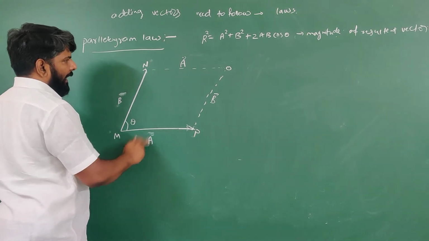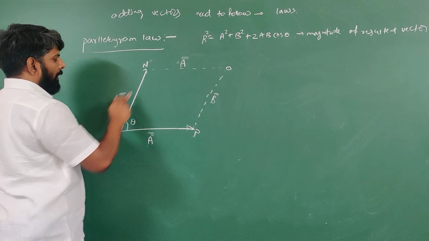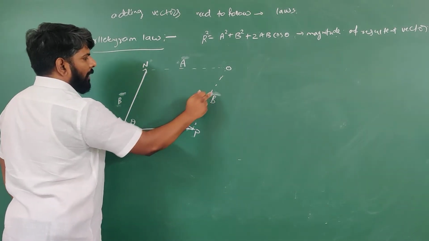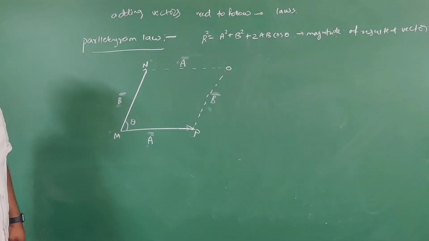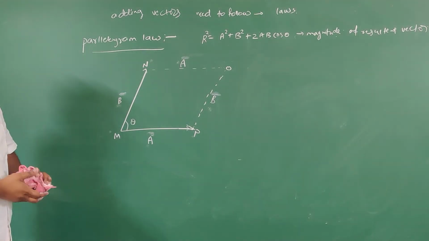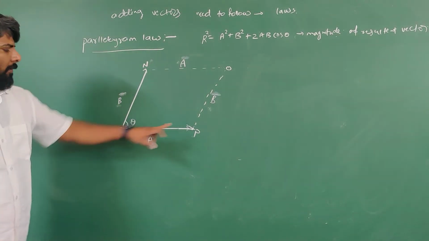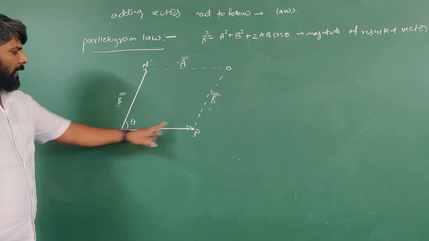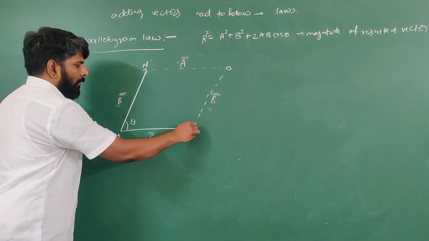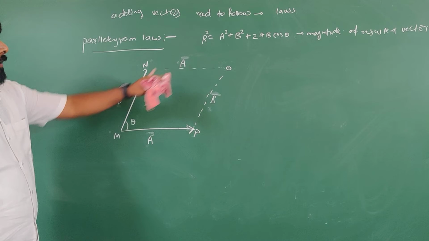So if this side is A, then it is also A. If it is B, then this is also B. Okay, so two vectors taken tail to tail as adjacent sides of a parallelogram.